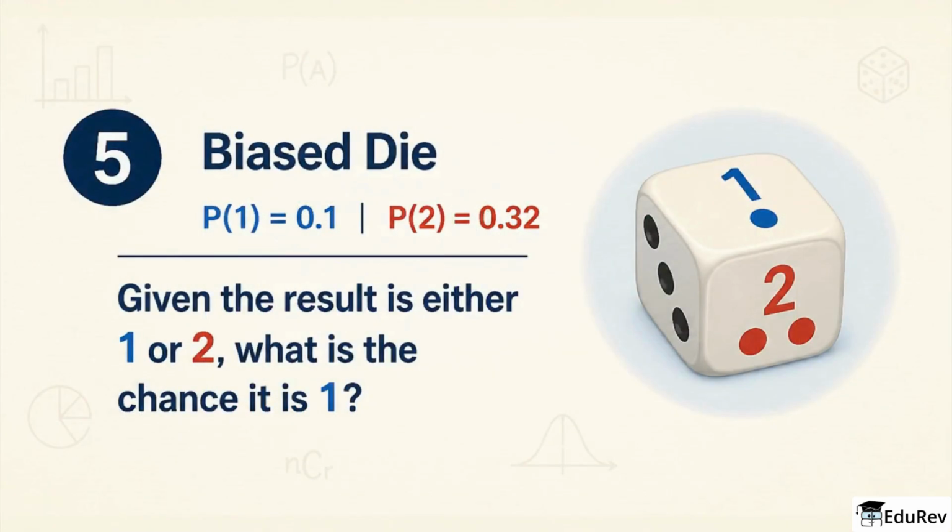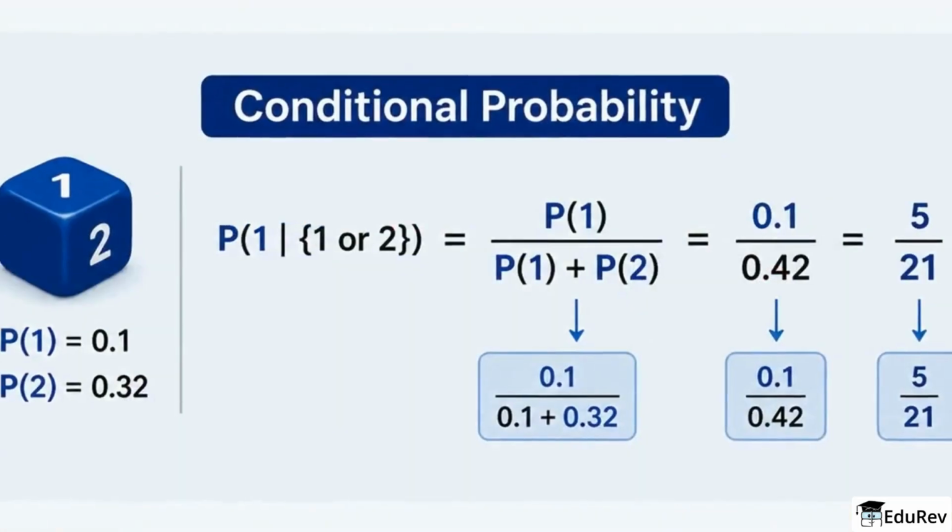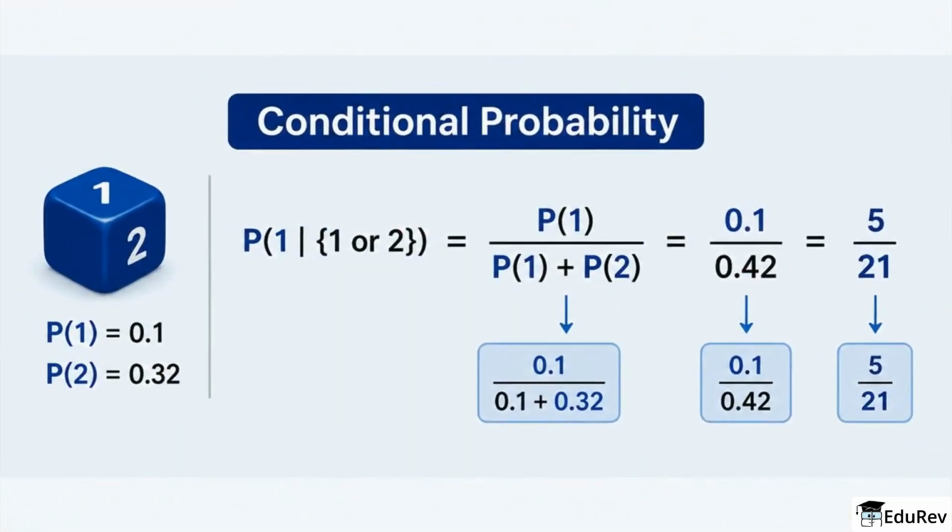Question number 5 gives biased die probabilities with face 1 at 0.1 and face 2 at 0.32 and asks, given either face 1 or face 2 showed, what is the chance it is face 1? Use conditional probability. 0.1 divided by the sum 0.1 plus 0.32 equals 0.1 divided by 0.42, which simplifies to 5 divided by 21.